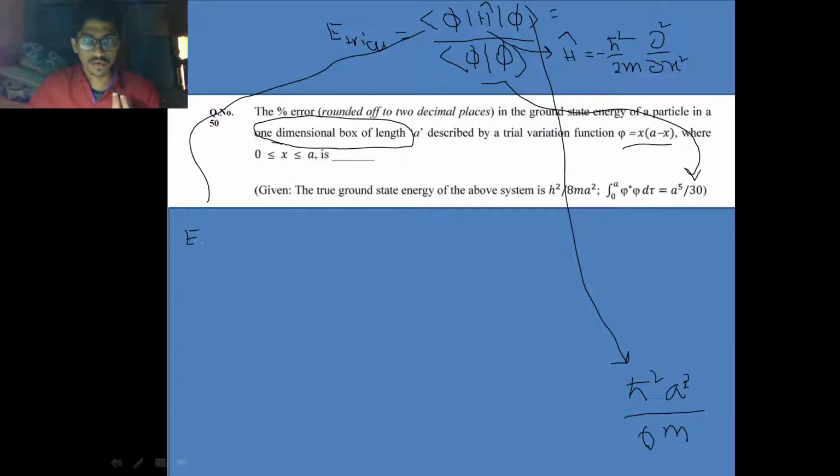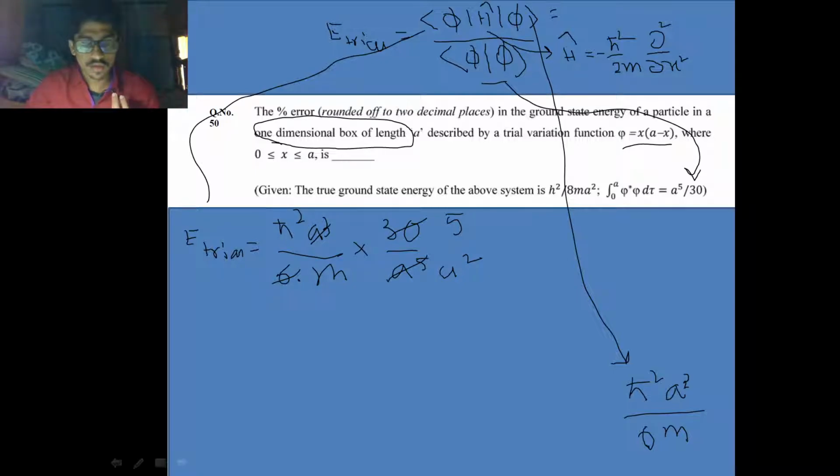So now E trial is equal to ħ square into a cube upon 6m. And for this part, that is 30 upon a to the power 5 if we multiply this. So 30 and 6 cancel out, this comes as 5, and this comes as a square.